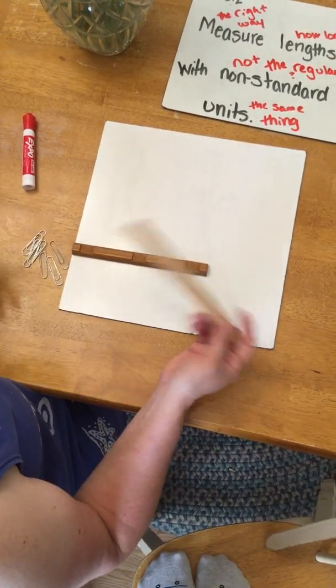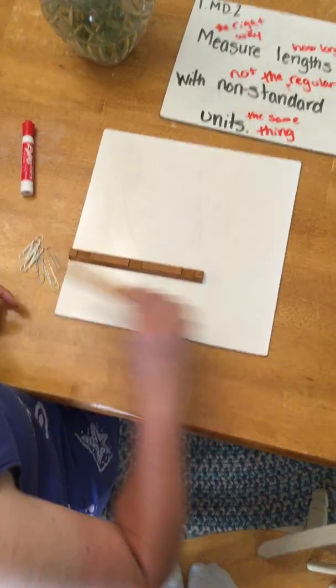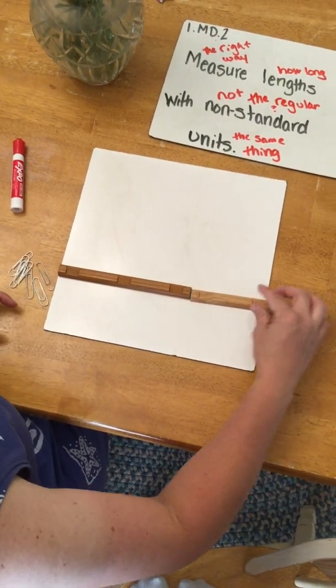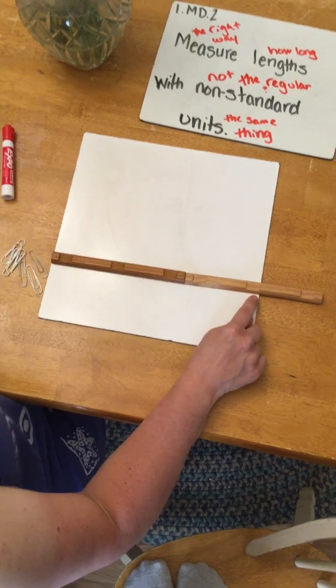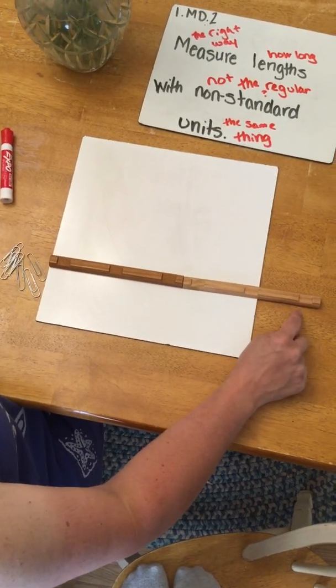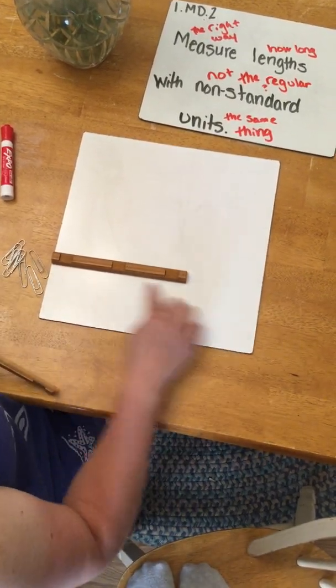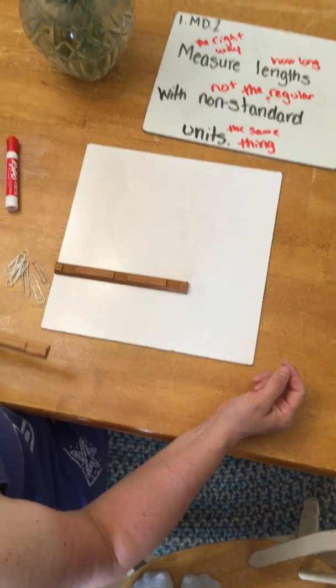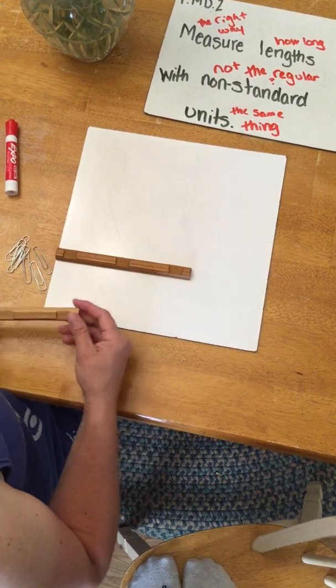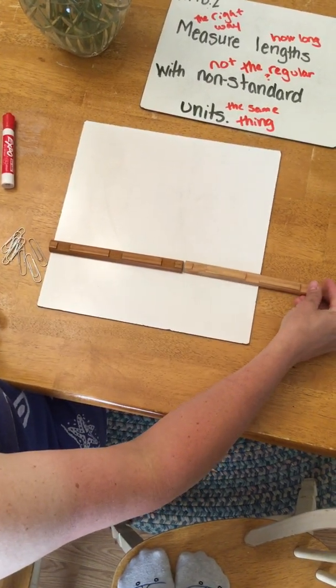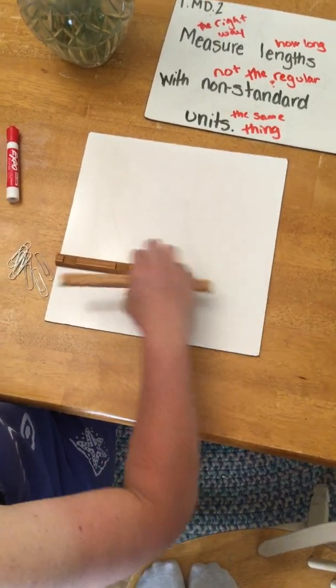If I were going to measure my whiteboard, I would say it's shorter than 2 Lincoln Logs, because it sticks out to the end, but it's longer than 1 Lincoln Log. So my whiteboard is longer than 1, but shorter than 2 Lincoln Logs.